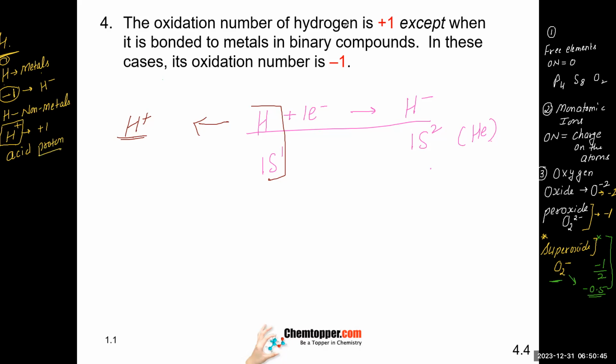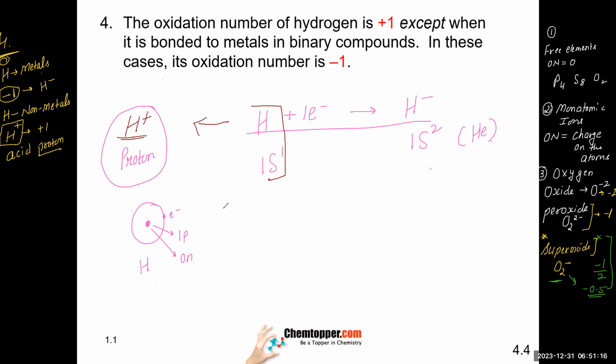Why is it called a proton? Any one of you? Why are we calling H plus a proton? Can you tell me what is inside this hydrogen? There is a nucleus. This is a hydrogen atom. There is one electron and one proton. How many neutrons inside the nucleus? Zero neutrons.